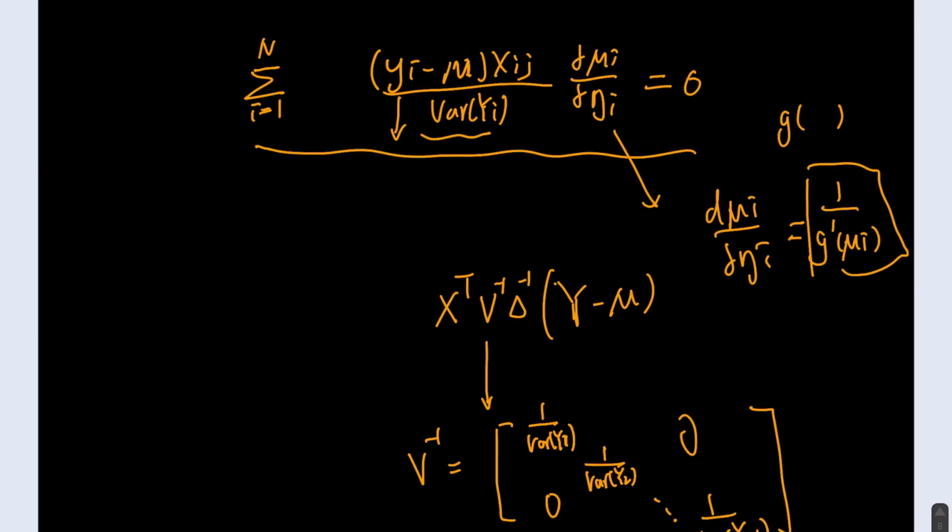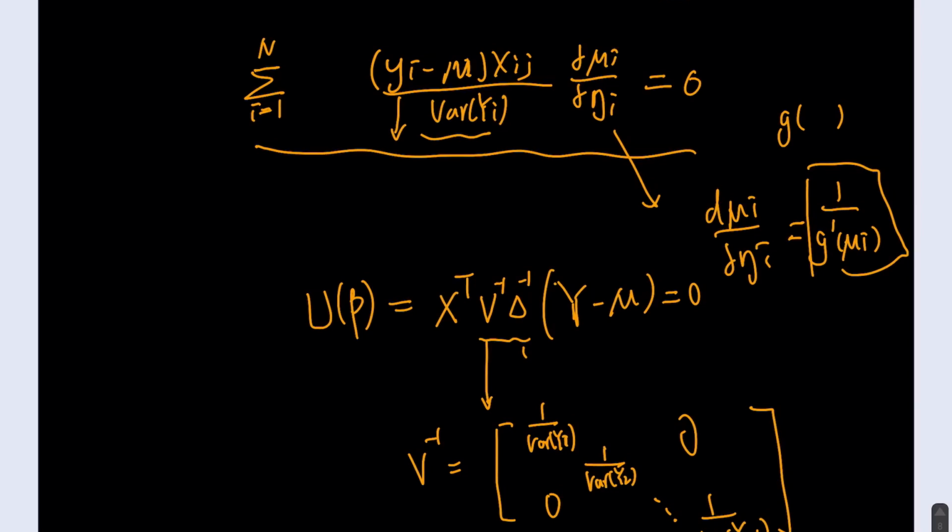Again, we are setting it to 0. And it is going to be a function of beta, and we usually use u to denote the function of beta. There's a reason why we single out the variance and the g prime mu i.